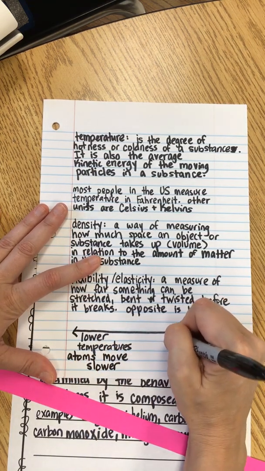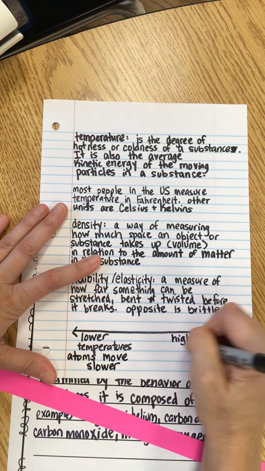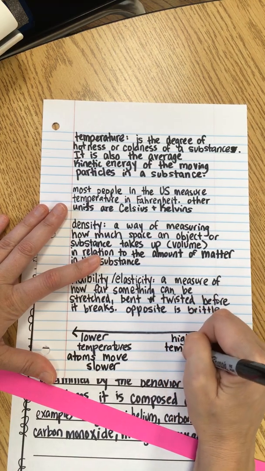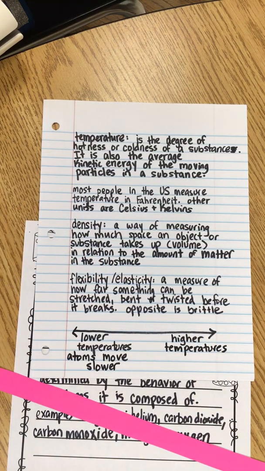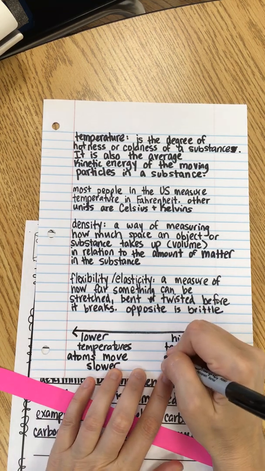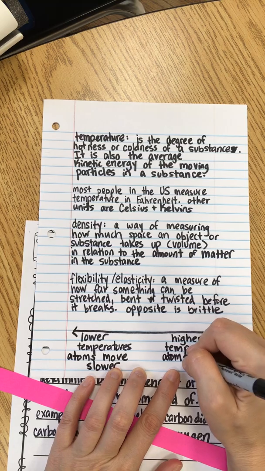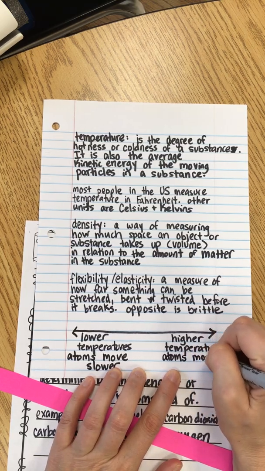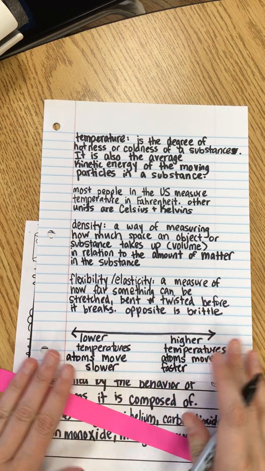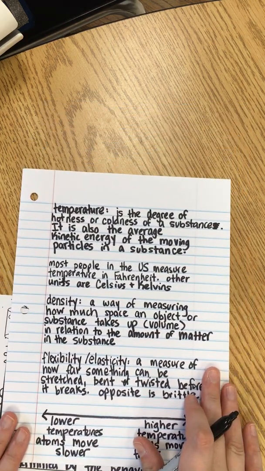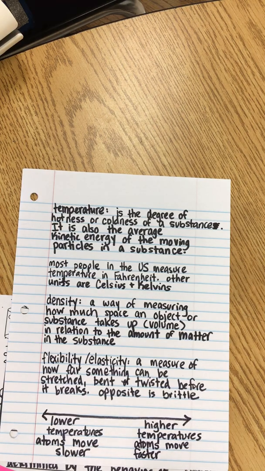Higher temperatures, like if you boil water for some macaroni and cheese, the temperature of the water in the pot gets higher and higher as the atoms in the water move faster and faster. So temperature is a measure of how fast the atoms in something move, and the way that we're able to measure that is by how hot or cold it is.